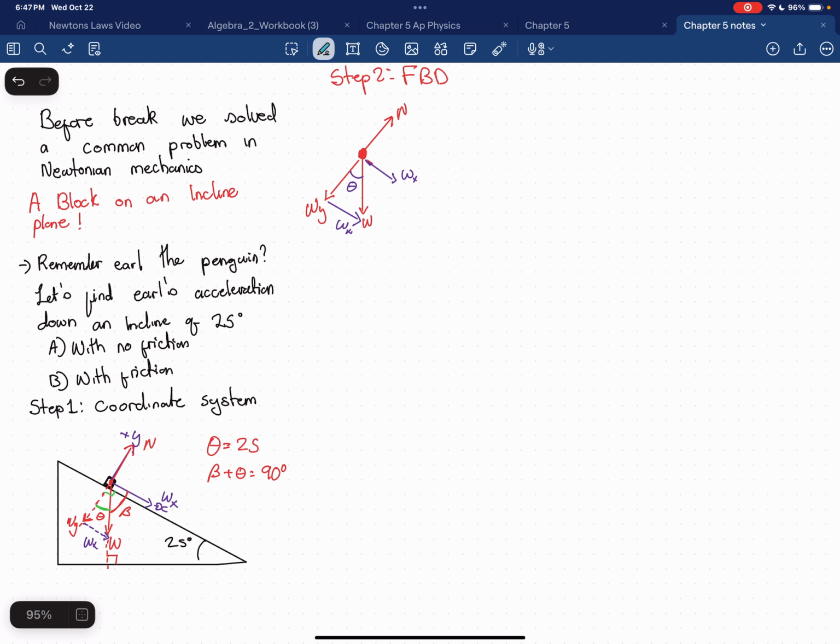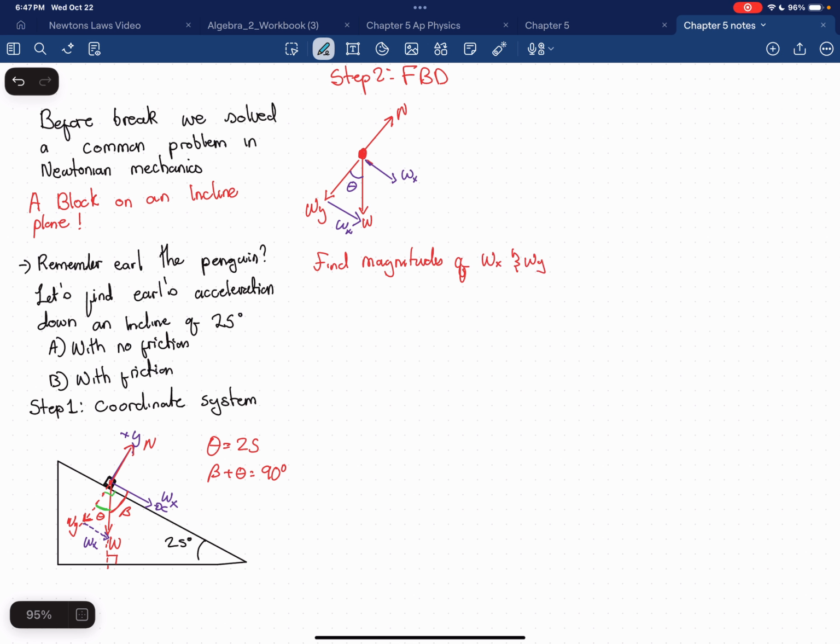Okay, so now let's find step 3. So what's step 3? What do you think step 3 is? Let's see. I would say a good one would be find magnitudes of omega x and y.